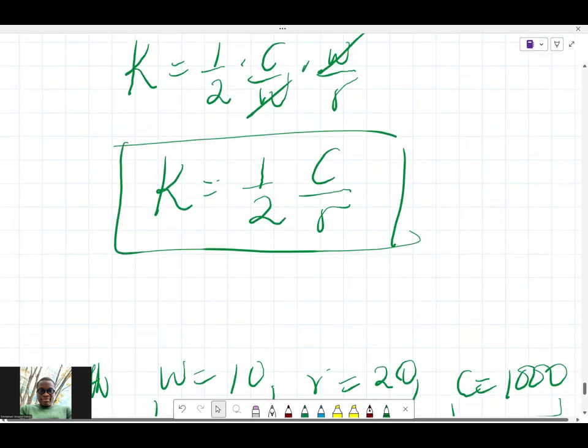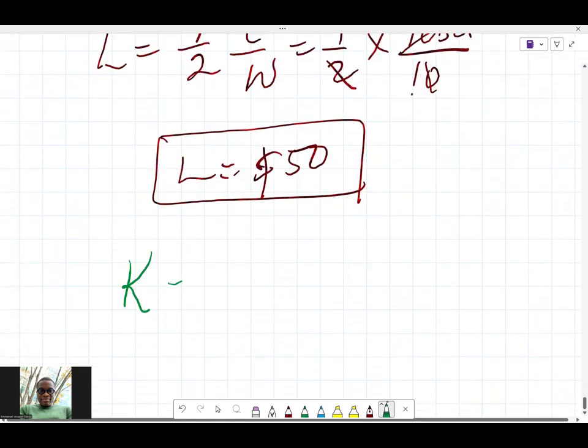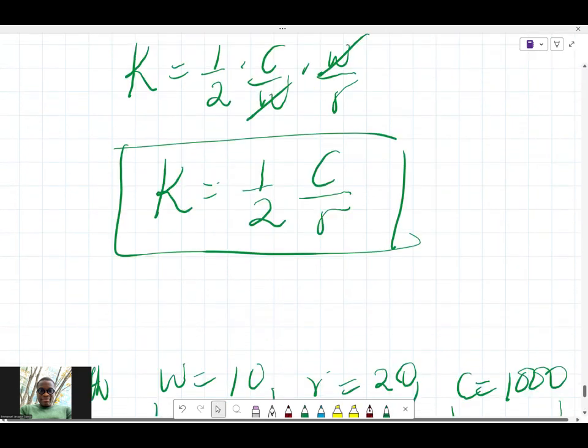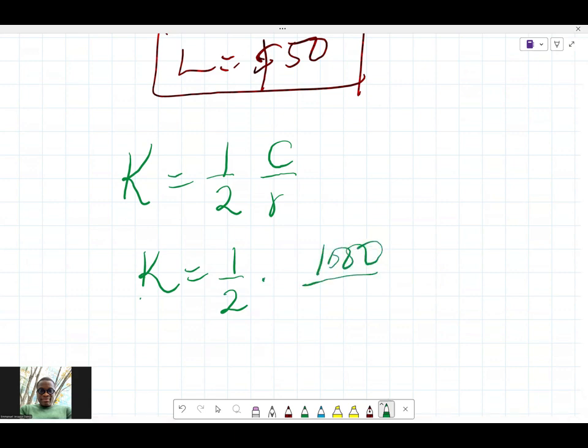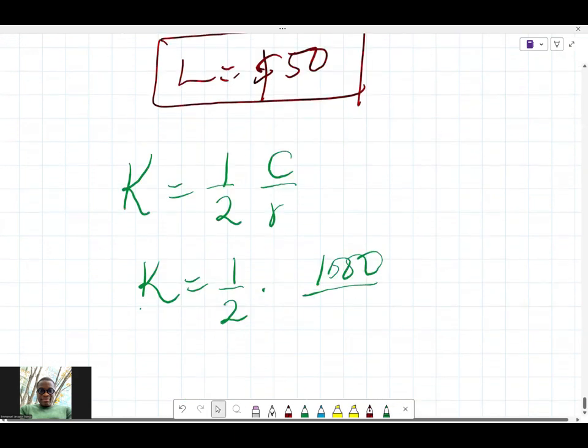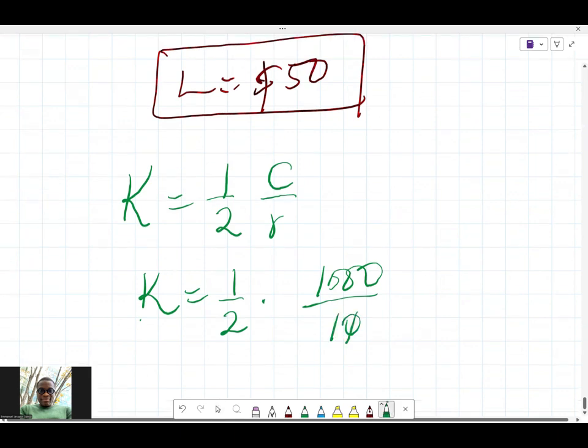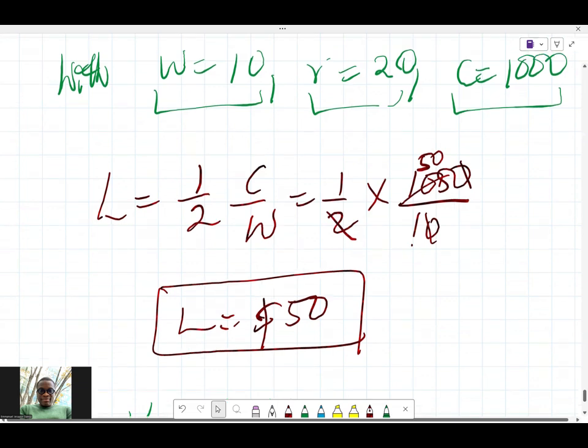And then for K, so we know K is 1 over 2 C over R. Again, K is 1 over 2, C is 1,000, and R here is 10. It shouldn't be.